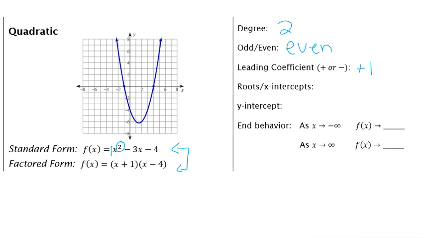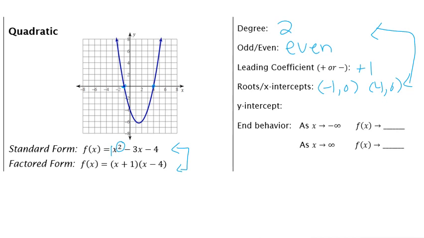When we talk about roots or x-intercepts, this example has 2 different roots or x-intercepts. We see them at (-1, 0) and (4, 0). So 2 degrees, and there are 2 real roots. Let me backtrack just a moment.